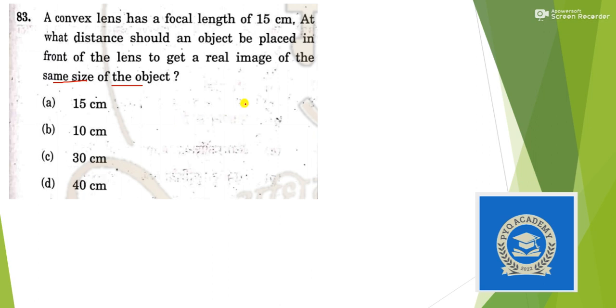So if f is 15 centimeters, then 2f will be 30 centimeters. That means when you put the object at 30 centimeters, you will get an image of the same size. Okay, so the answer is C. Let's move to the next question.